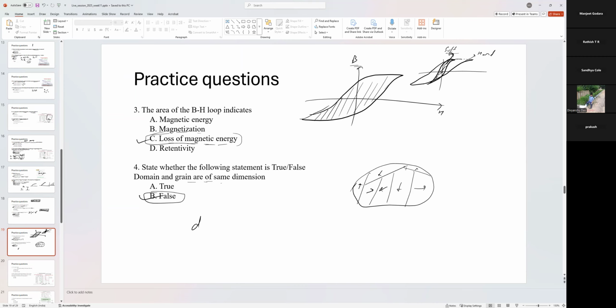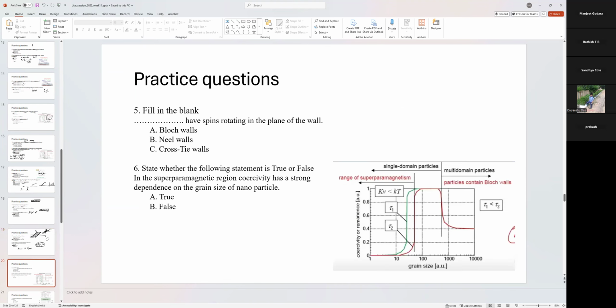The size of a domain can be equal, but that's only in the case of very small grains. Most of the time, it will be less than the size of the grain. Remember that.